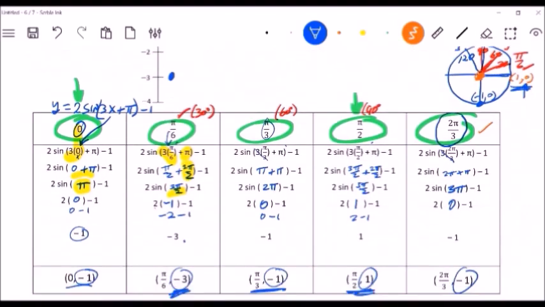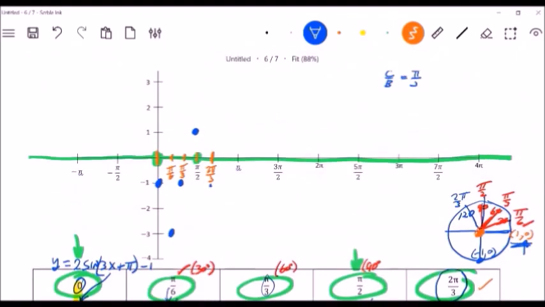And then for 2 pi over 3, we're back to a negative 1. Okay, so that means I am going to graph this and try to do it so it's got a curve there, and it comes up here, and it curves, and that is one period of it.